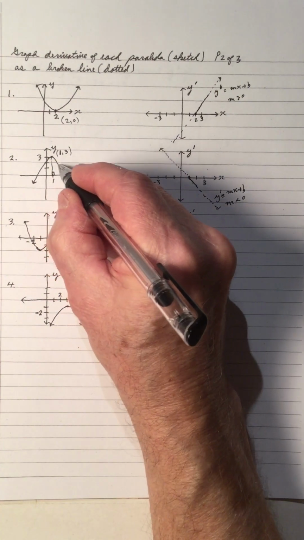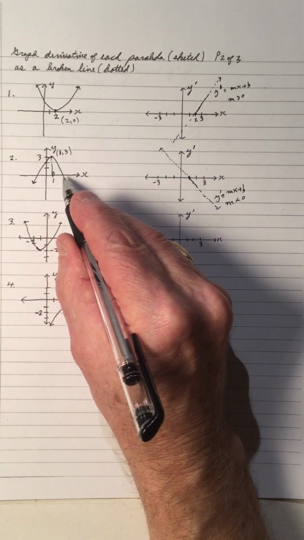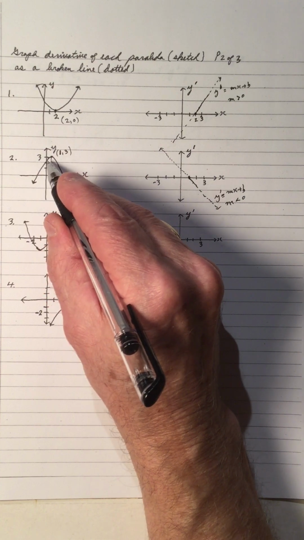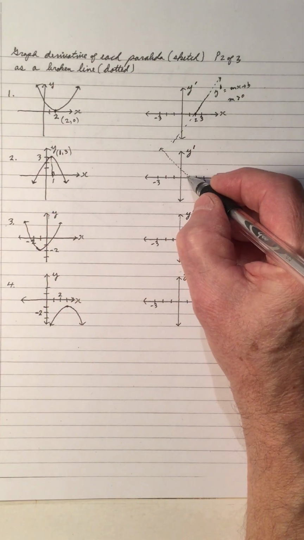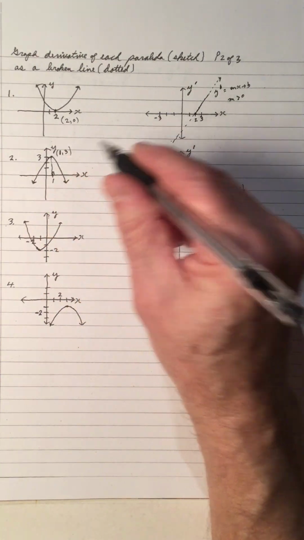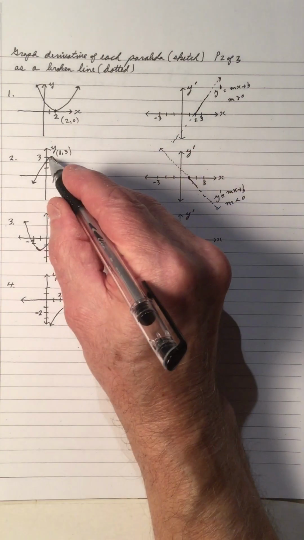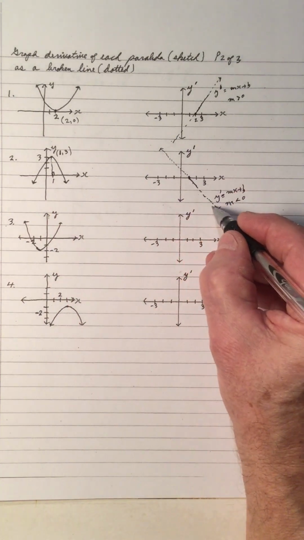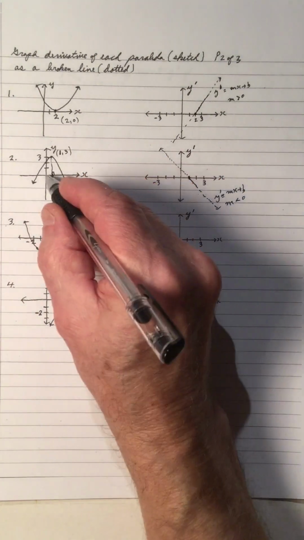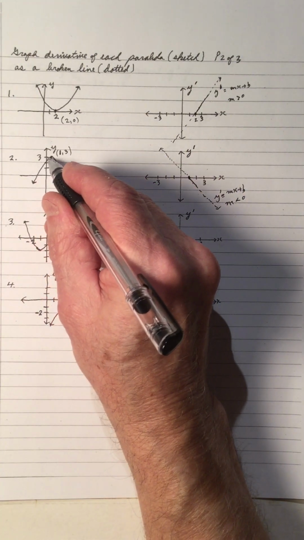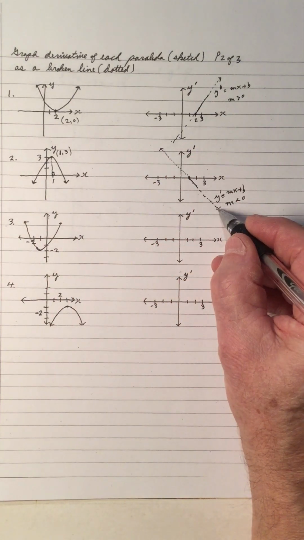Again, negative on the right, positive on the left, that's a maximum. So on the right side, it's going down because it's negative. On the left side, it's positive, going up. There's the line.